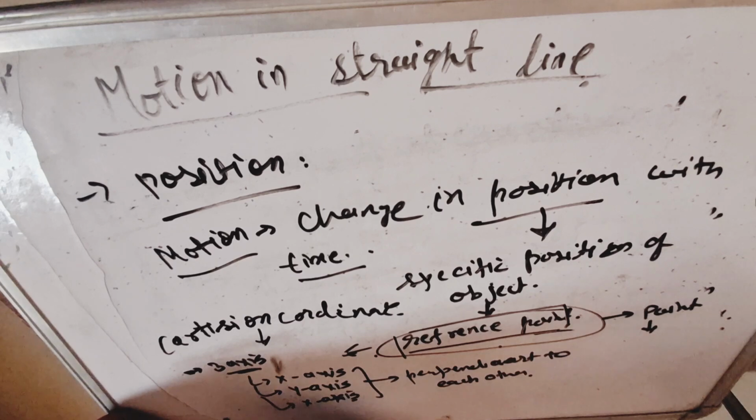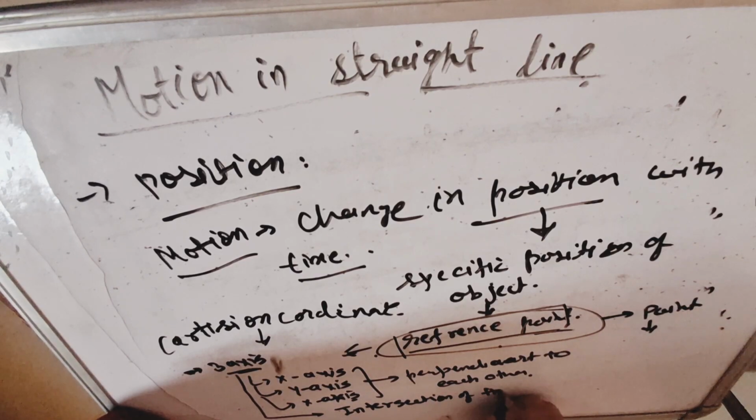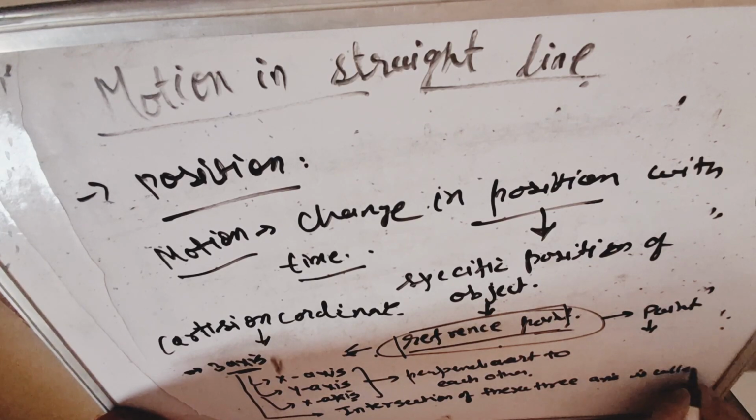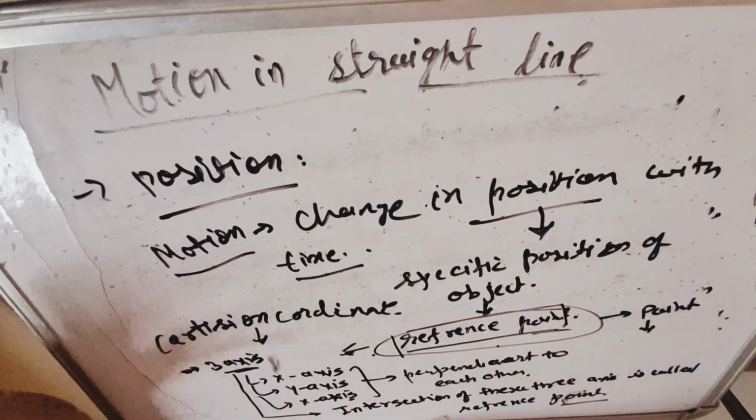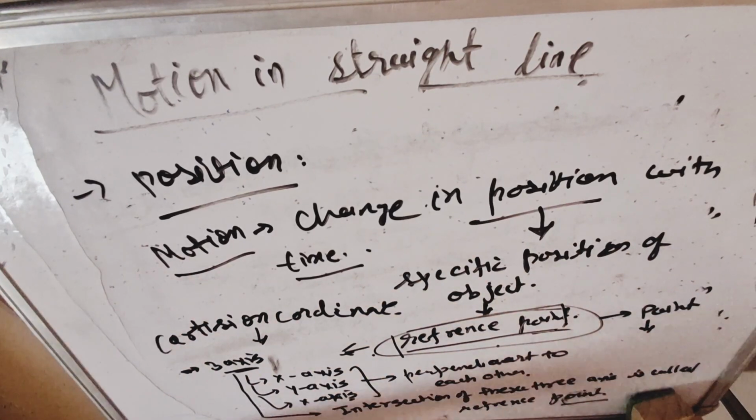The intersection of these three axes is called the reference point. It's clear, it's a reference point. Now, I have explained the reference point.